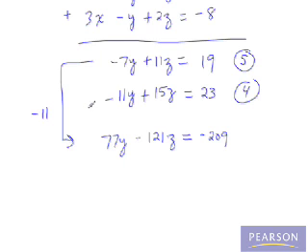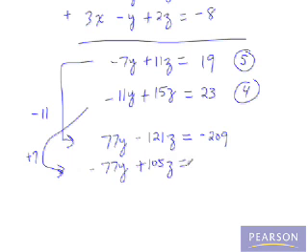We will then multiply the bottom equation by a positive 7. Negative 11y times positive 7 is a negative 77y. Positive 15z times positive 7 is a positive 105z. And finally, positive 23 times positive 7 is a positive 161.